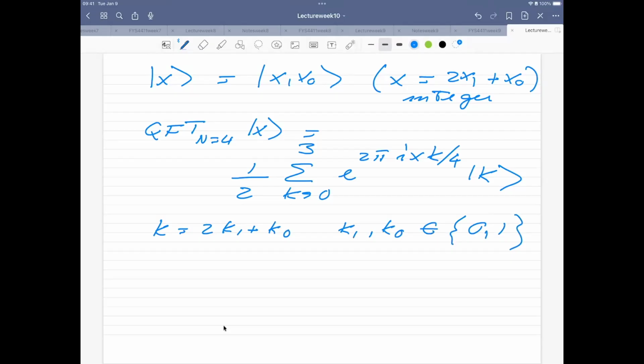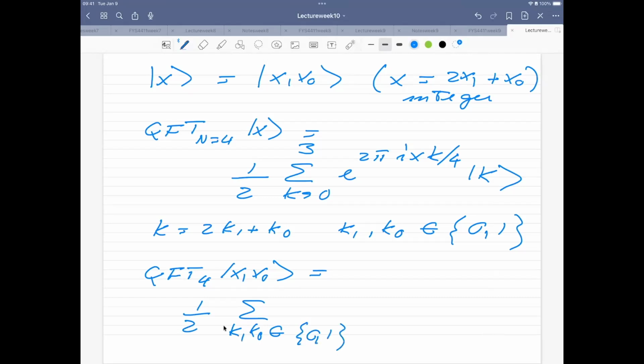So then if I write out this Fourier transform, this quantum Fourier transform N4 on x1, x0, this is simply 1 divided by 2, and now the sums of k1 and k0. So I can replace these exponentials with a product. You know that when you have a sum there, you can simply replace this one with a sum over values 0 and 1.